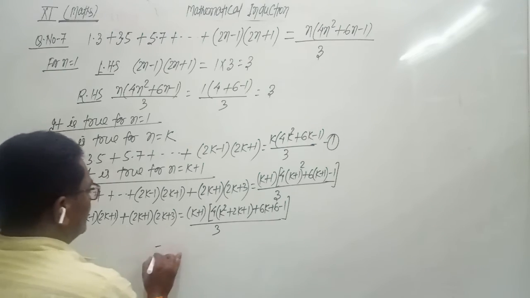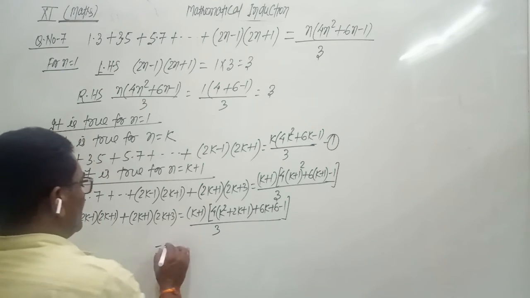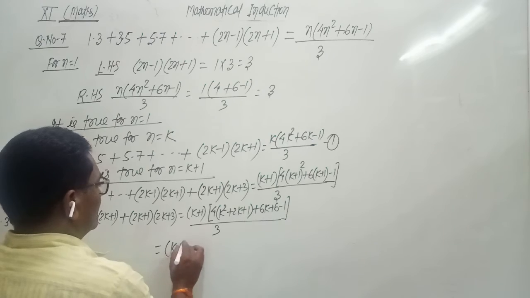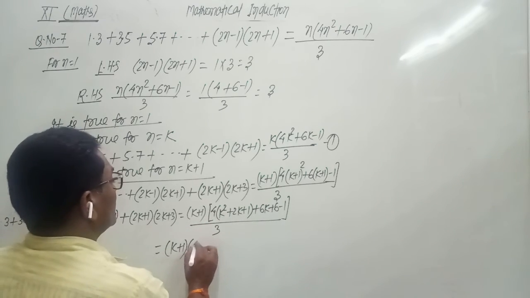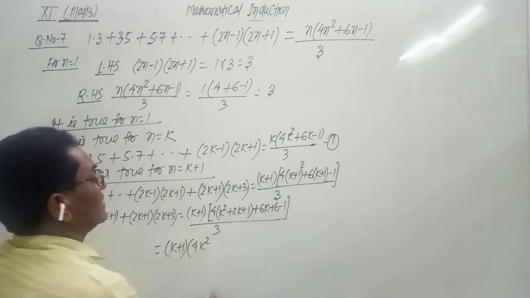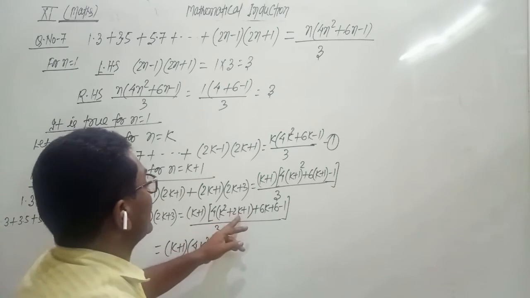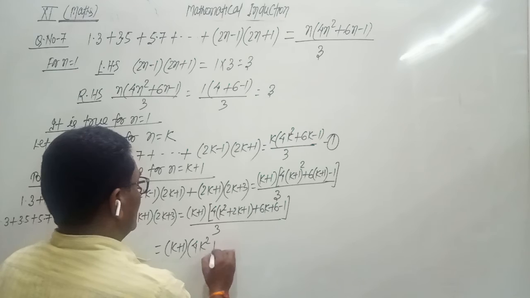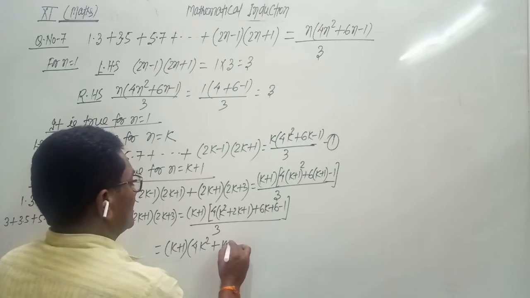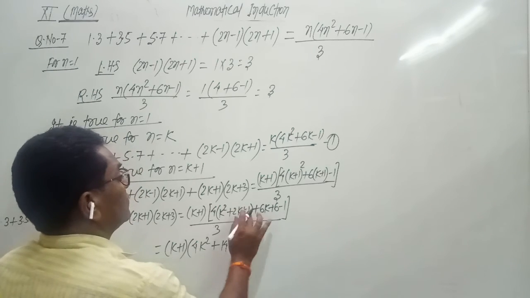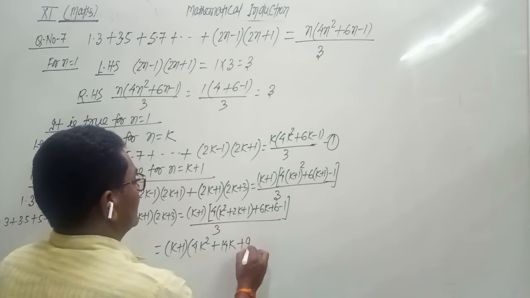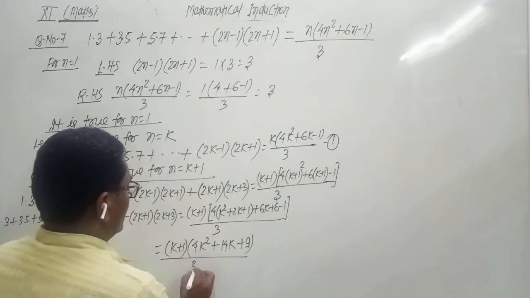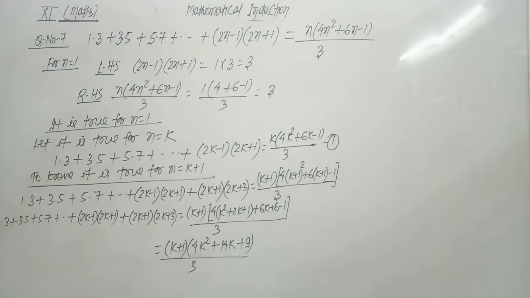Then we solve again. K plus 1, 4k square, then 4 into 2k, 8k plus 6k, 14k, 4 plus 6, 10, 10 minus 1, 9 upon 3. So this RHS we have to prove.